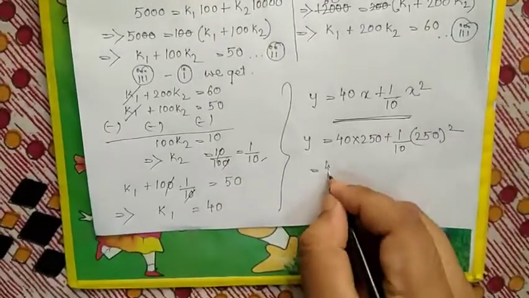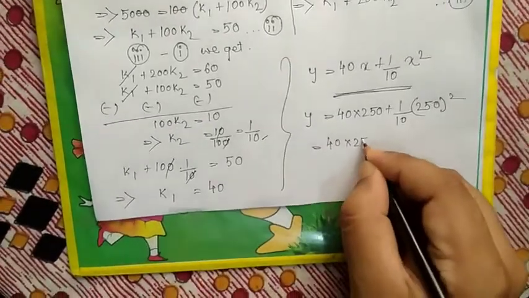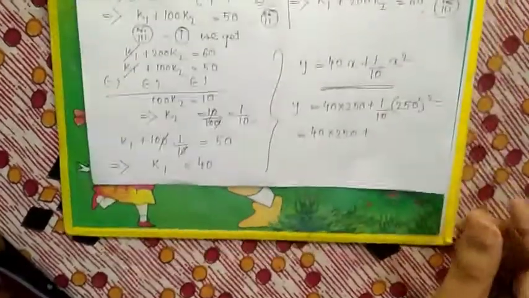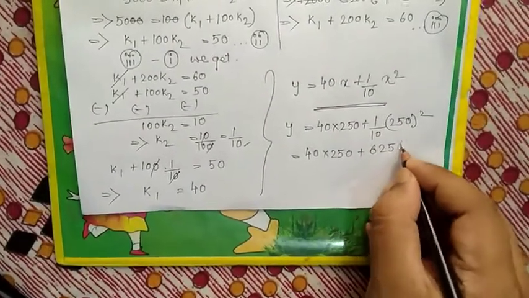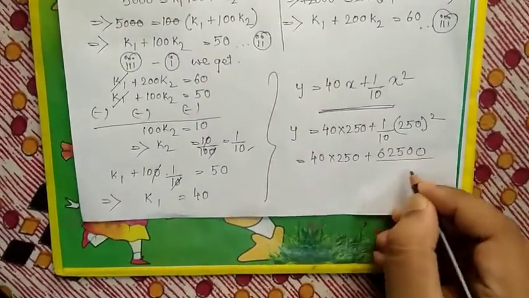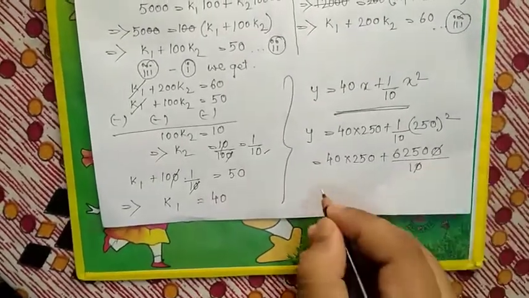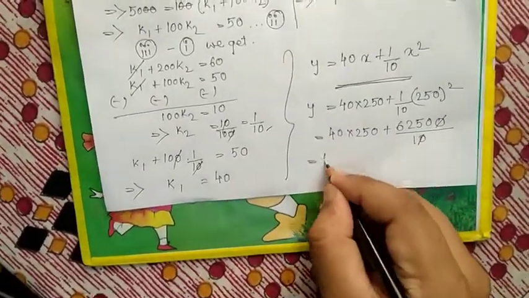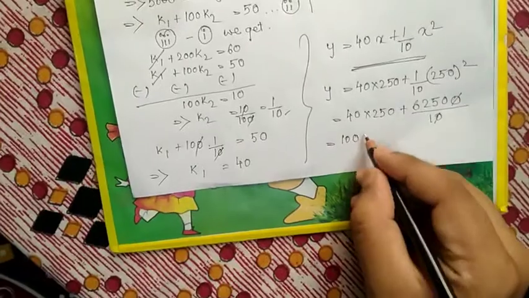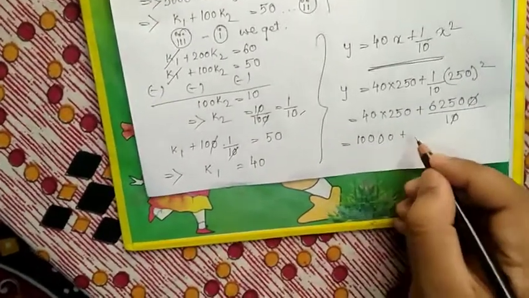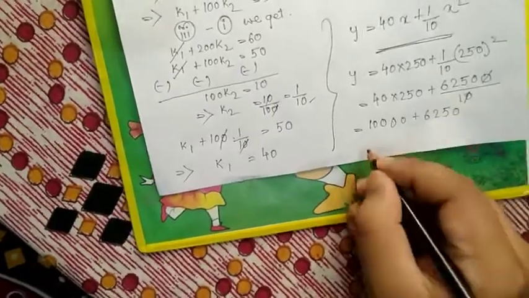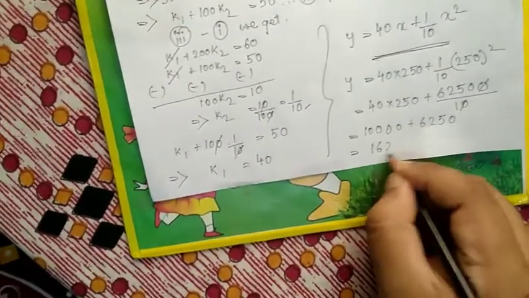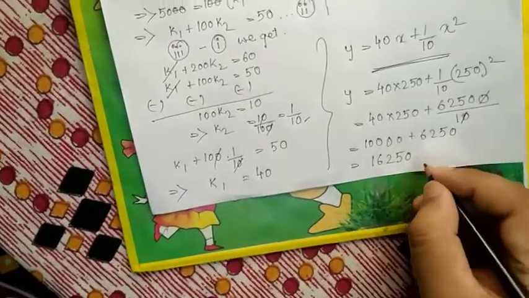So 40 into 250 plus 25 square 625 0 by 10, 4 into 25 means 100, and this 20 plus 6250. So therefore the total cost should be 16250. Very important sum.